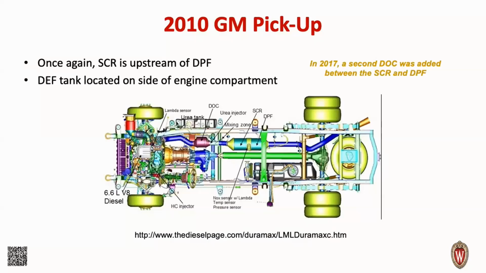Here's a 2010 GM pickup. Once again, we have the SCR upstream of the DPF, and you see the DEF tank is located on the side of the engine compartment. Here's that urea tank right here, kind of an unusual location for it. In 2017, one modification is a second DOC was added between the SCR and DPF, and that's to enable, again, some of the passive regen, and also to get the exhaust hot again to allow the DPF regen.